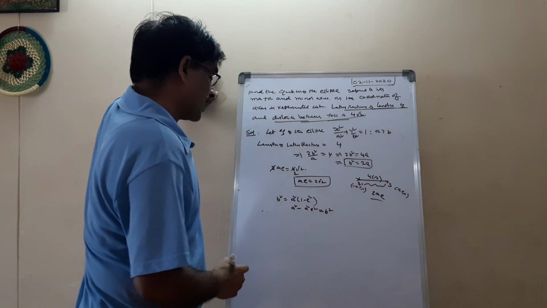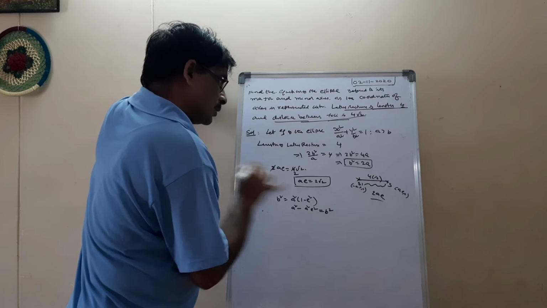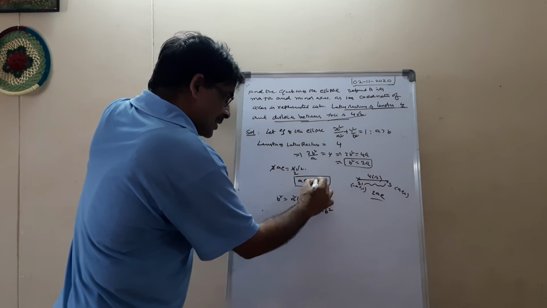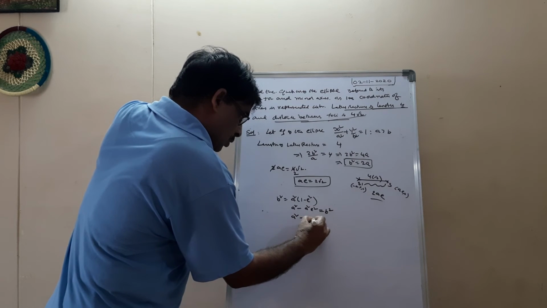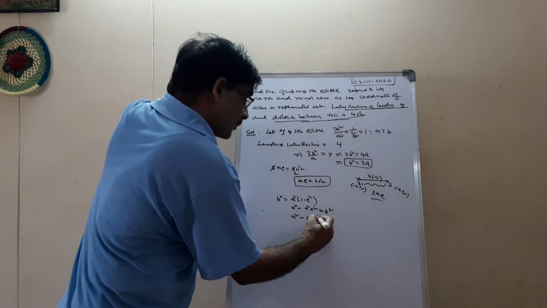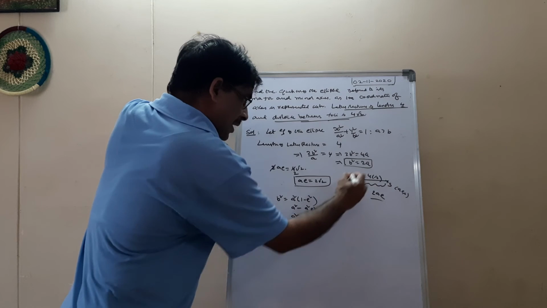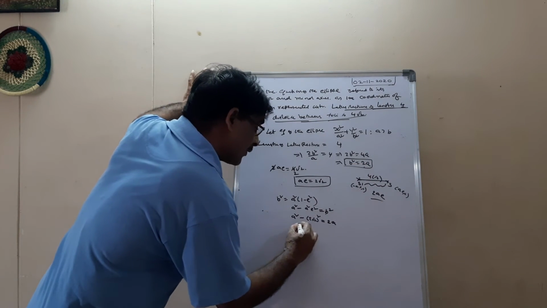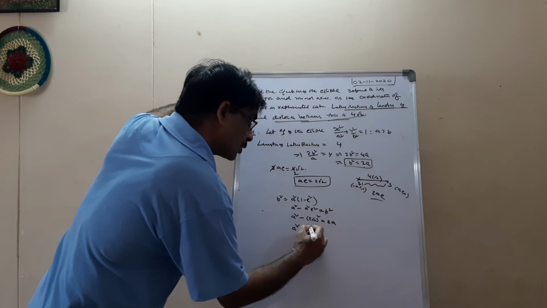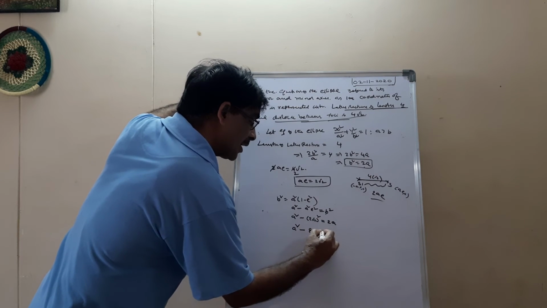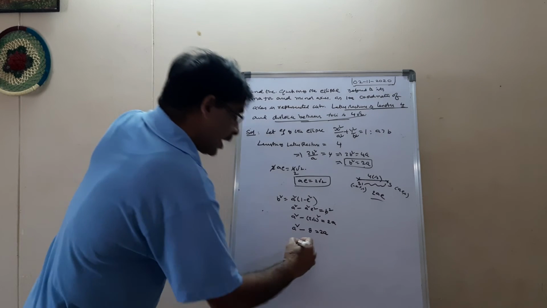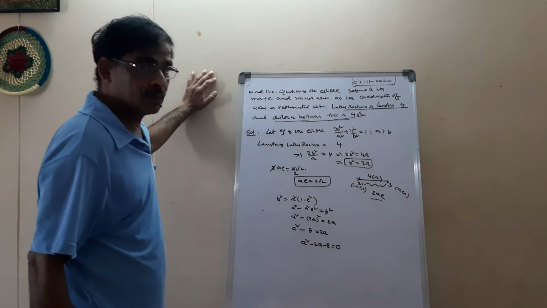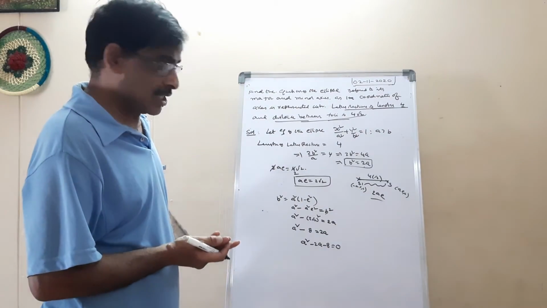Here a square minus a square e square means a whole square, so 2 root 2 whole square equal to b square, which is 2a. So a square minus 8 equal to 2a, or a square minus 2a minus 8 equal to 0. See, we have a second degree equation.